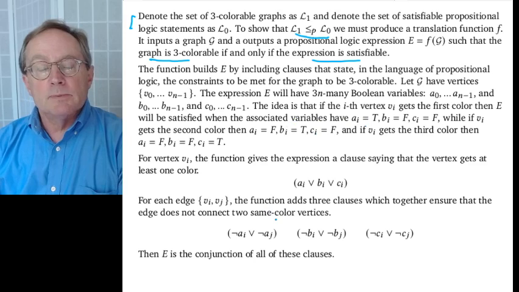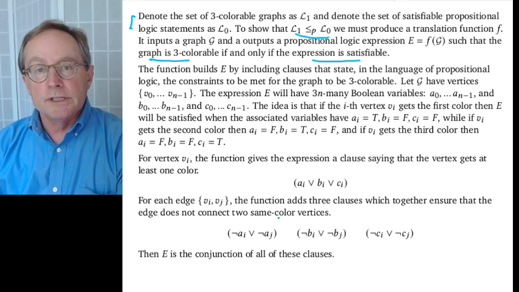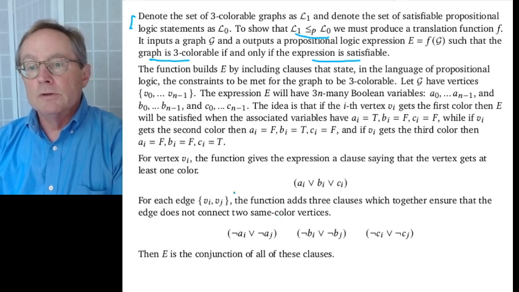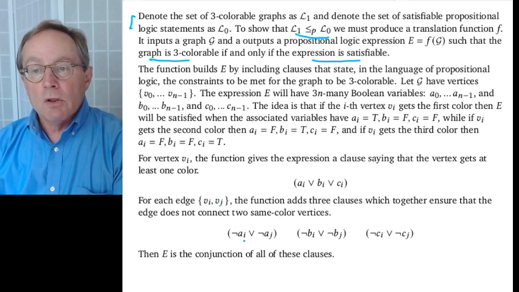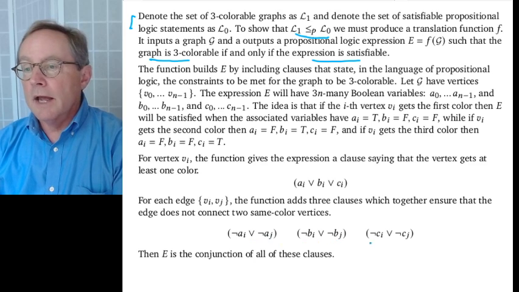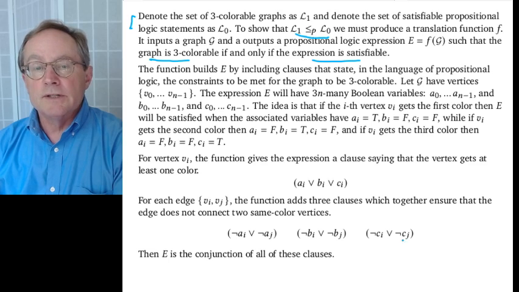And now I got to express somehow the constraint that you cannot have same colored vertices sharing an edge. So for each edge, VI, VJ, I'm going to include 3 different clauses: not AI or not AJ, not BI or not BJ, and not CI or not CJ.